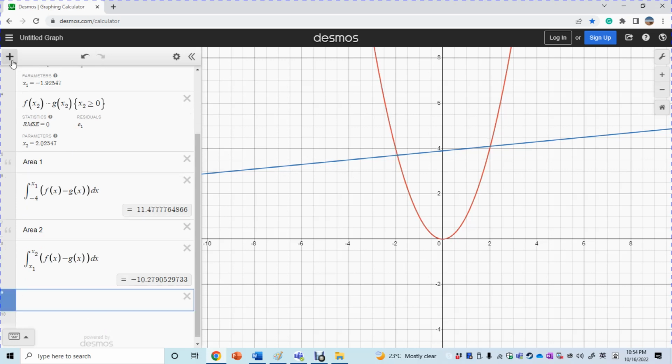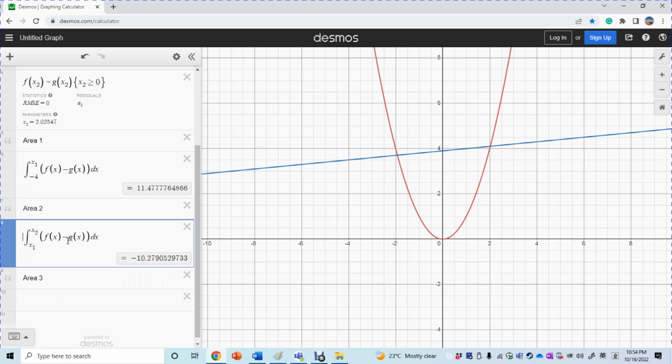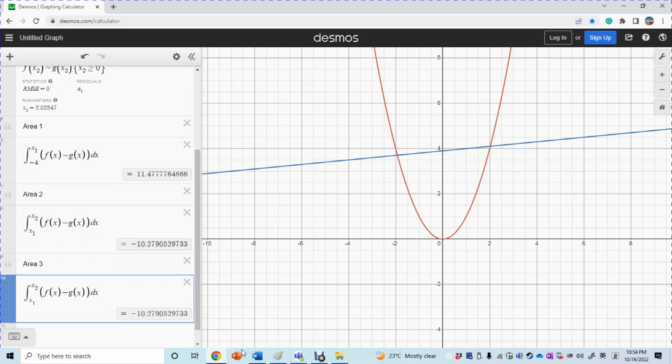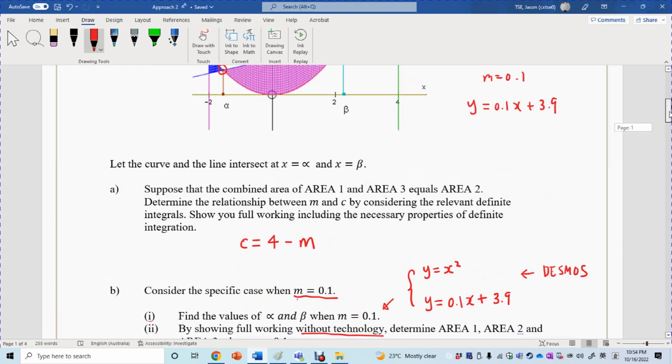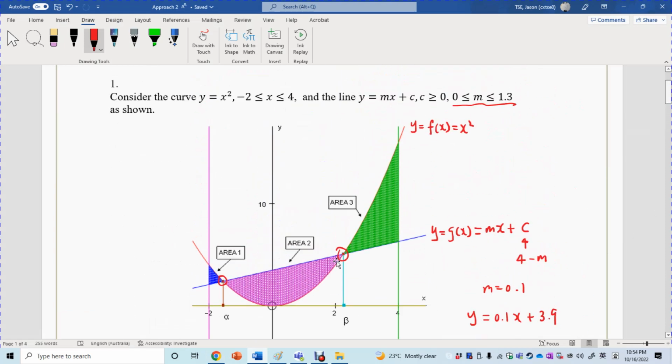Then what I'm going to do is area number 3. What would be the integral? Can you think of it? Let's go back and have a look. Area number 3 is the green area. It should be from beta to 4.